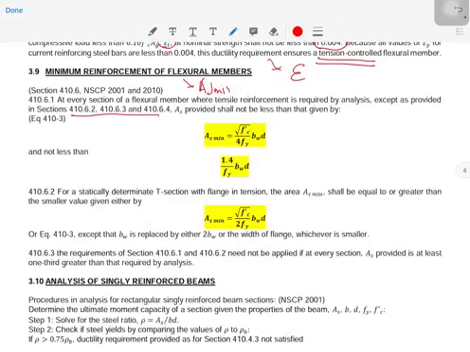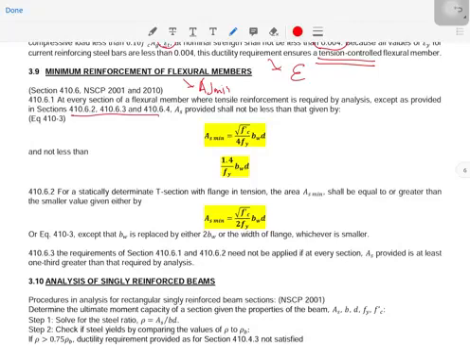As provided shall not be less than the given equations. First, As minimum is equal to square root of f prime c over 4 fy, but not less than 1.4 over fy times bw times d.